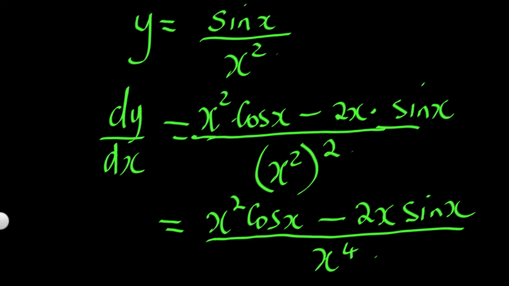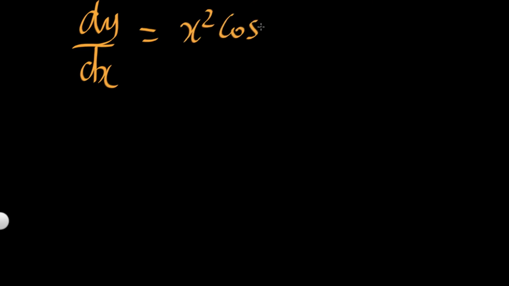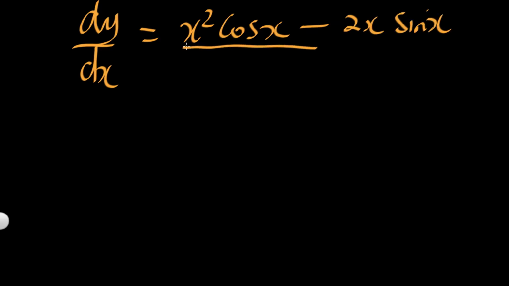So let us rewrite this so that I can simplify for you. We usually expect you to simplify your answers. You can leave it like this and nothing wrong there, but we expect you to simplify the answers. So we said we have our dy dx as x squared cosine of x minus 2x sine of x, all of this over x to the power 4.